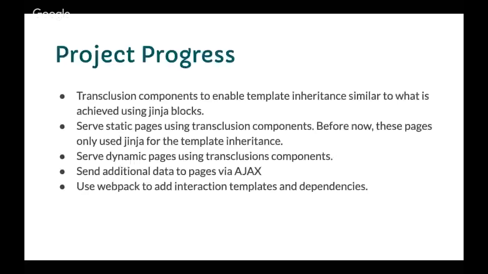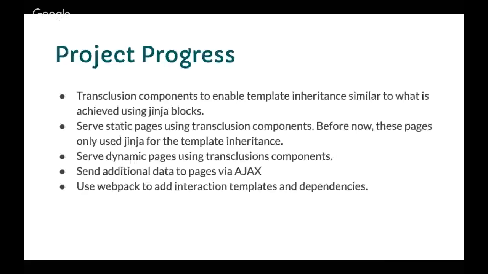That's a problem when going to static serving because such functionality is not exactly available in HTML. Using Angular, we have something called transclusion, which helps us achieve something similar to what was achieved using the Jinja blocks. The work on this project is going to serve all pages using the transclusion components.